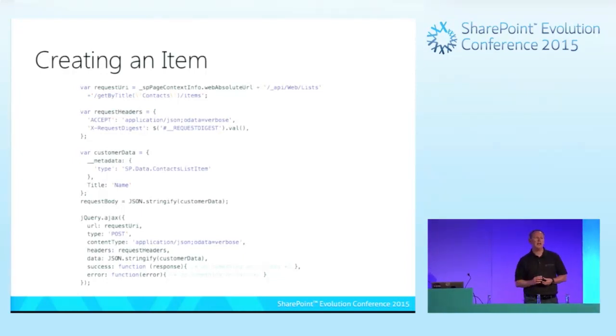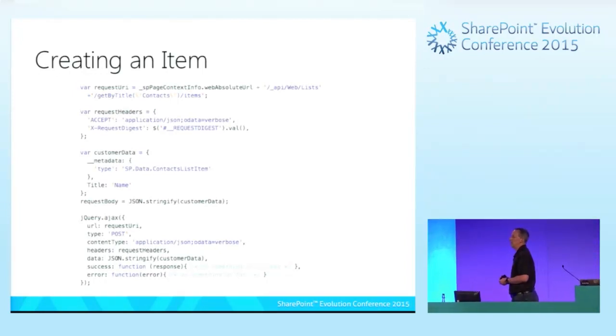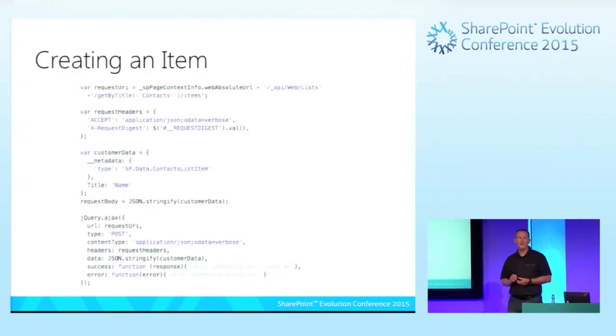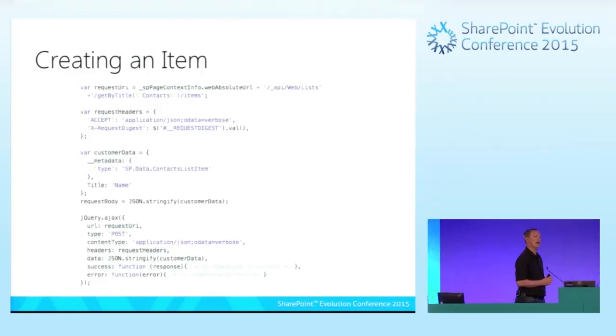I then want to create a new item. And so what I'm going to do is build up an object right down here in the customer data part, and convert it to a JSON string. And then down in the request at the bottom, you see where the type equals POST. That's saying go post this data to that collection. And SharePoint's REST API says, oh, you want to add data to this collection. So it'll create a brand new item.